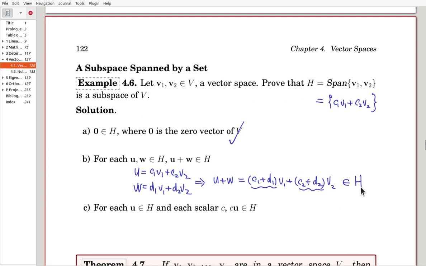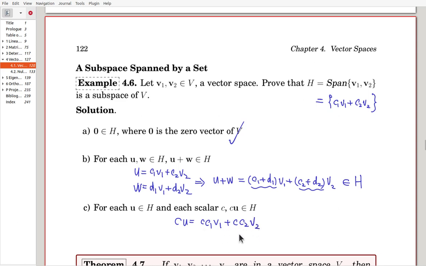Now the same for every choice of u and every choice of c, here cu. If u is given in this way, then cu will be c C1 V1 plus c C2 V2, right?